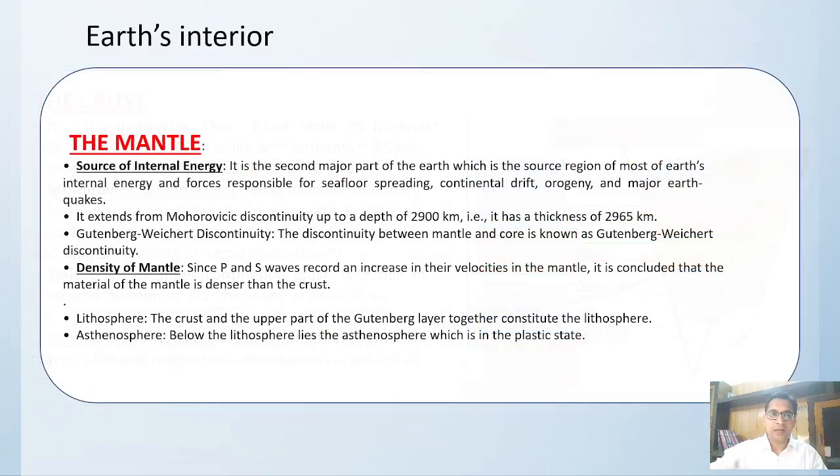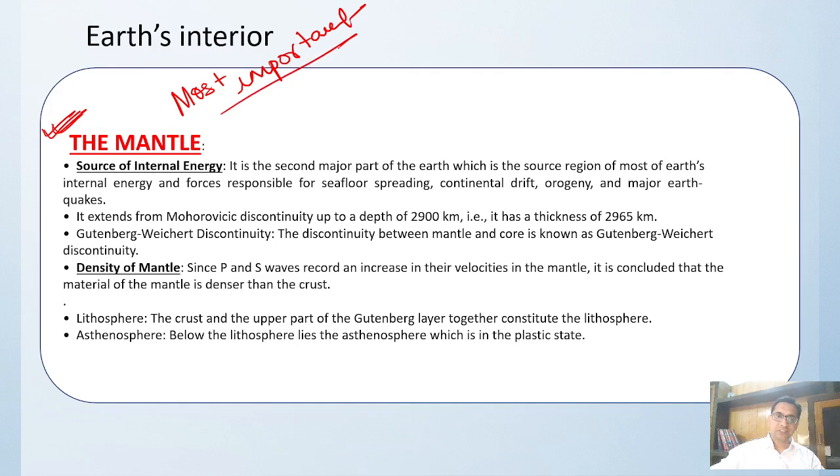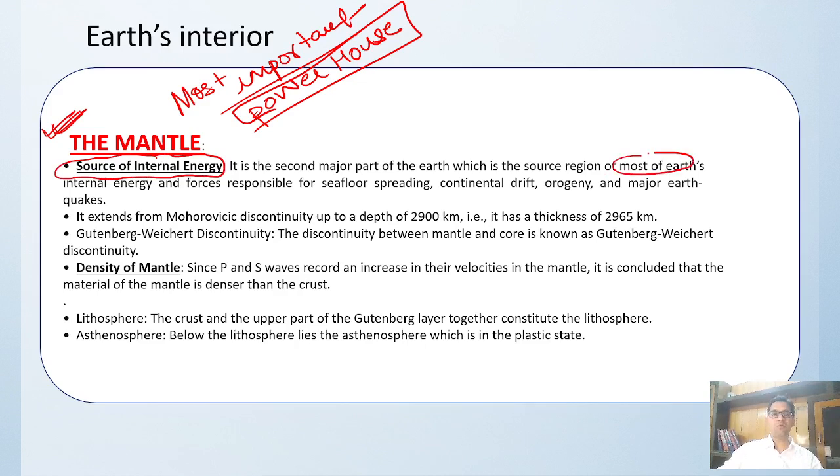Now we are coming into the mantle. Mantle is the most important. We sometimes call it the powerhouse of the earth, because here is the internal energy source of the earth. It is the source region of most of the internal energy.